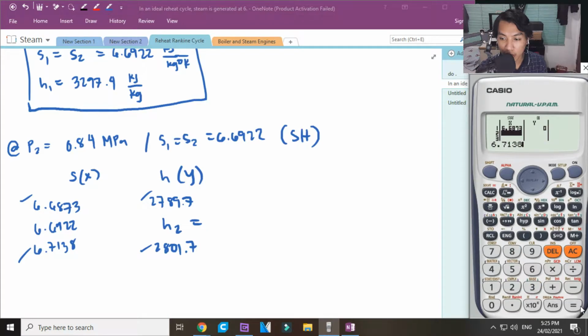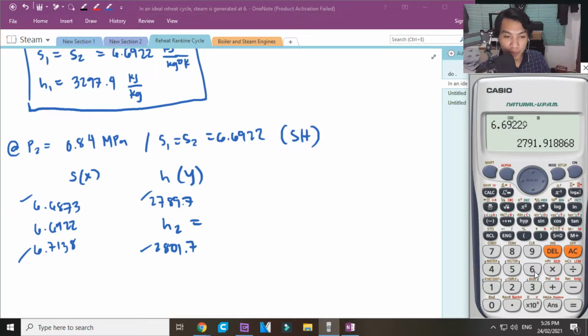Sa H will be 2789.7. Tapos, baba, 2801.7. And then you press AC. And then shift 1, 5, and 5. Parang hanapin mo yun sa part ng Y, di ba? With the supporting value ng X. Ano ba yung supporting value ng X? That is 6.6922.